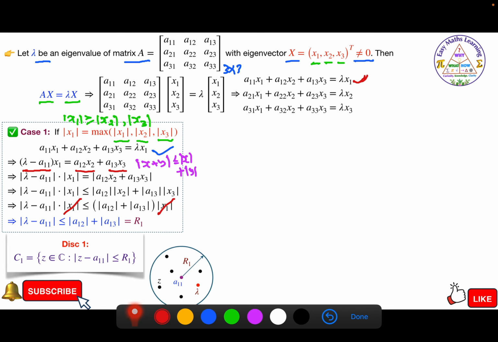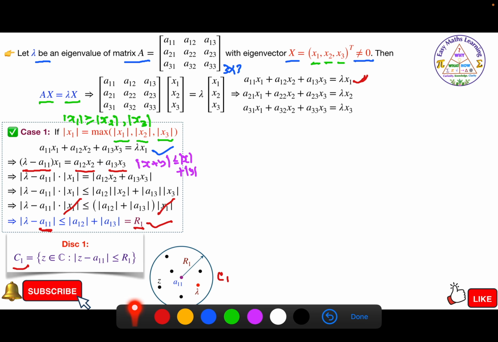You can see this inequality represents a disk in the complex plane with center a11 and radius R1. We denote this disk by C1, and this is the center of the disk, and this is the radius.